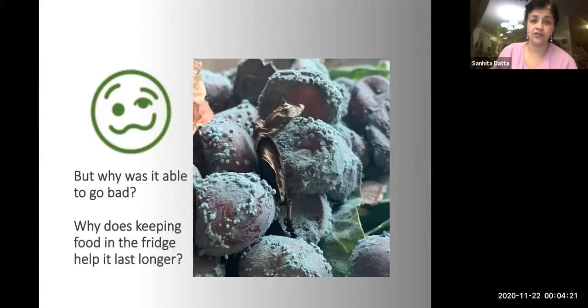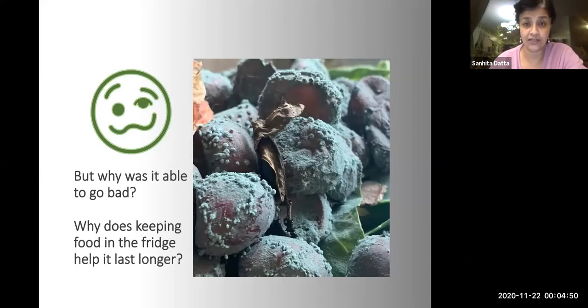This is a picture of a bag of grapes that I accidentally left out on the counter before we went on a trip. And when I came back, it looked like this, okay? It was very moldy. It was covered in mold. I should have put it in the refrigerator. I completely forgot. Now, so what happened was it sat at room temperature for a few days.